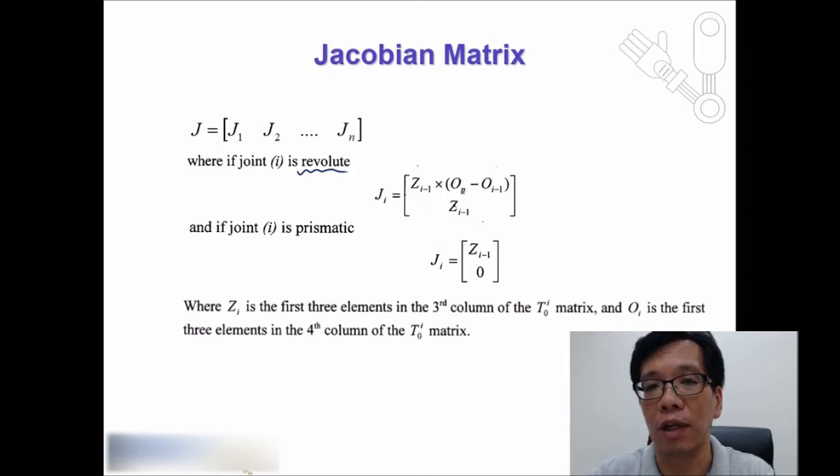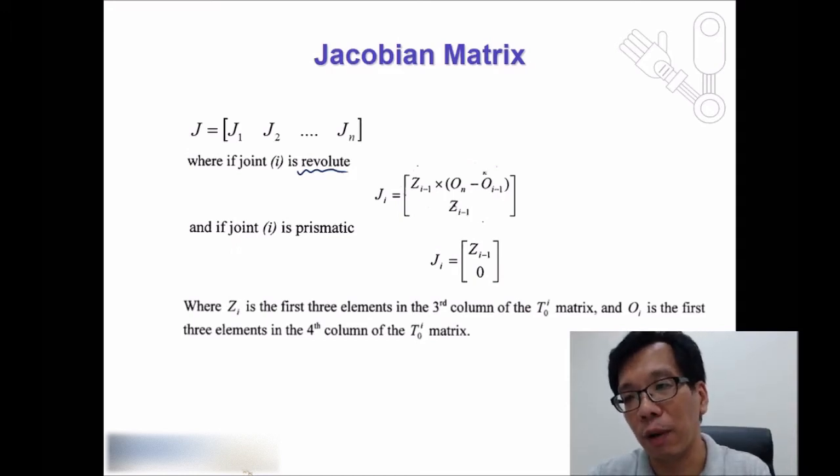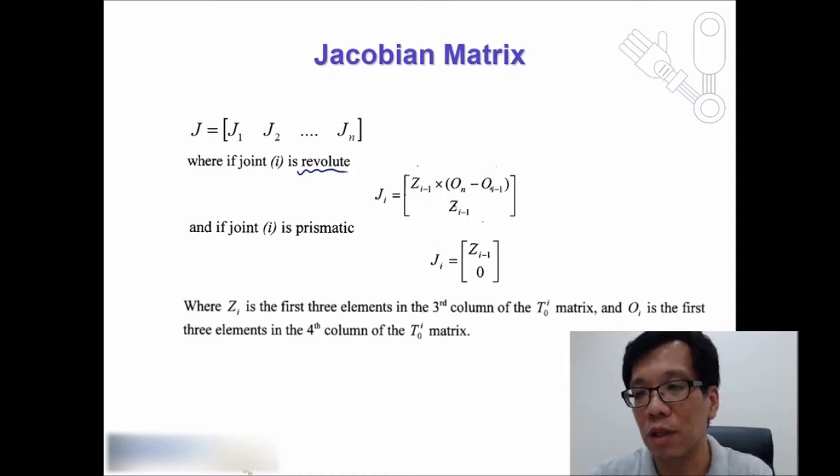This one is your destination of your joint, the position where you are interested. And this one is from frame 1 to this current frame, so you can get what your Ji is going to be. Depending on how many frames you have, you might need individual Jacobian columns accordingly. And this one over here is the Z part, Z column.